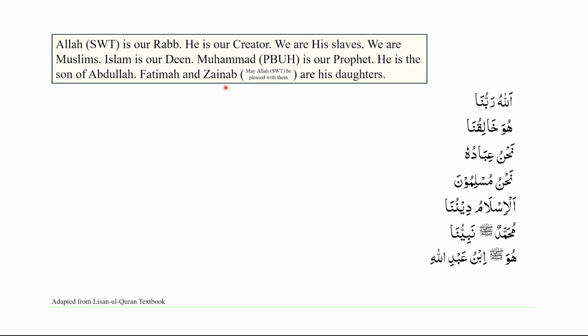Fatima and Zainab, may Allah subhanahu wa ta'ala be pleased with them, are his daughters. Fatimatu wa Zainabu bintahu. Bintahu is murakkab izafi. It is being used in this jumla as khabar. Bintahu can be translated as his two daughters.